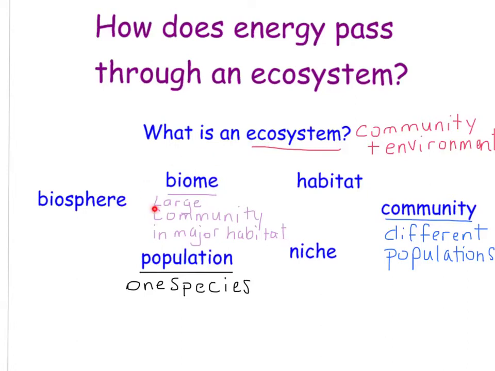Habitat. We're going to actually look at biomes in a later section in this unit and talk about a lot of specific biomes, but it's a very large community occupying a major habitat. So then, what's a habitat? A habitat is just the natural environment of an organism, and that's what a habitat means.